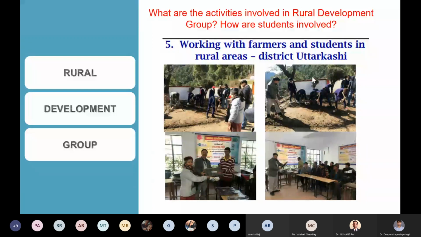This visit was conducted in the district of Uttarkashi, where the students interacted with the farmers and land reforms with certain places, वहाँ उनकी agricultural problems क्या हैं, किस तरीके से हम उनको modify कर सकते हैं, that was discussed, and some cleaning work was done. So here Professor Thaplial is gifting some kits to the farmers over there, and एक interactive session, एक counseling session जो है वो वहाँ पे start.